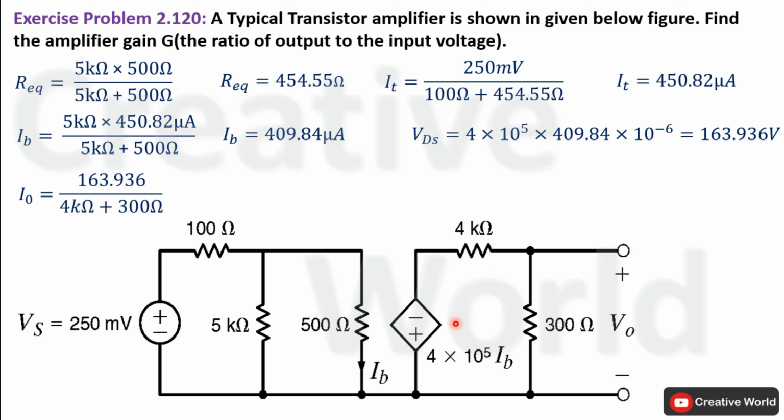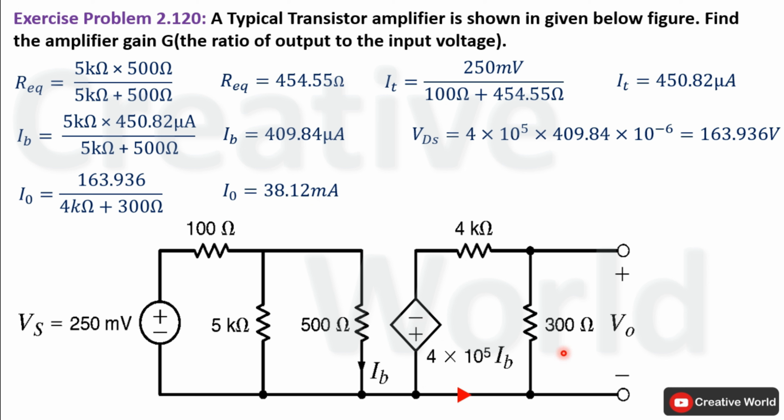Current through this closed loop will be equal to 163.936 volt divided by the sum of both resistances that are connected in series. So the value of output current through this network will be 38.12 milliampere, and the direction of this current will be counterclockwise, leaving from the positive terminal and entering towards the negative terminal.